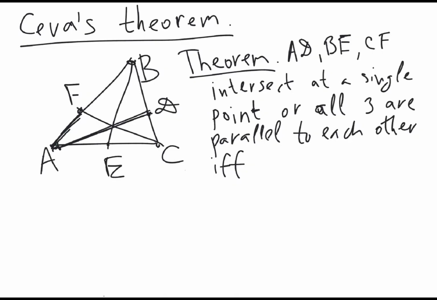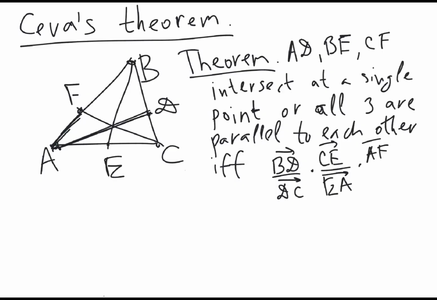the following ratios, the product of these ratios, so BD over DC, let me first write it, then I will explain, multiplied by CE over EA, multiplied by AF over FB.